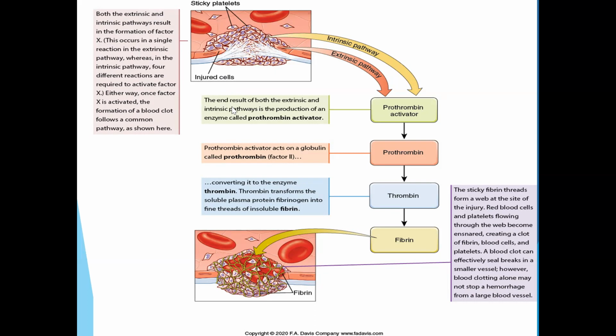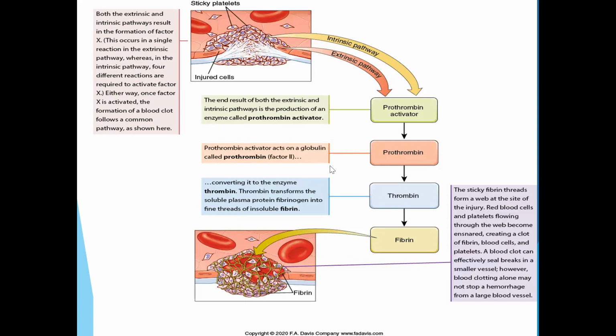So once we get to that factor X, the end result, our body is going to produce an enzyme called prothrombin activator. So we're ignoring the difference between intrinsic and extrinsic. We're at the end of the pathway. We're at factor X. Prothrombin activator is then released. That prothrombin activator acts on a globulin called prothrombin.